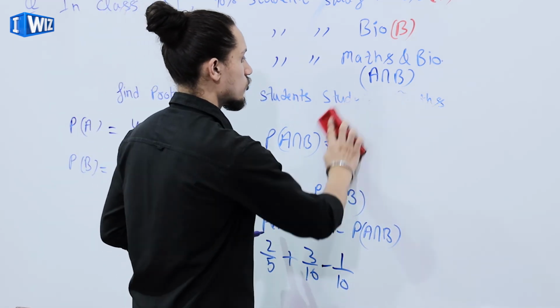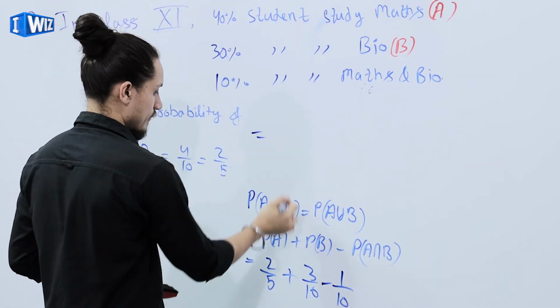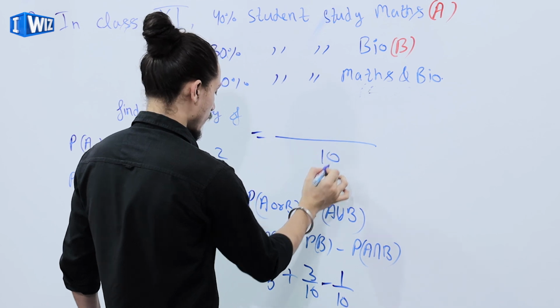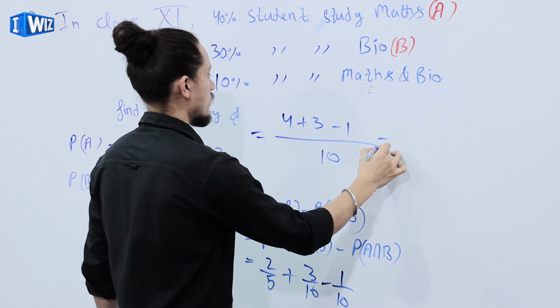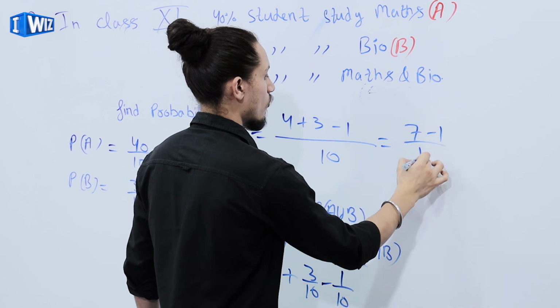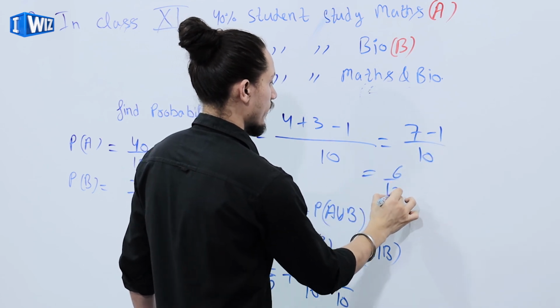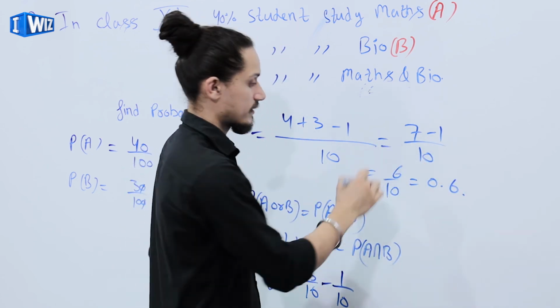So its solution will be, taking LCM, आ गया 10 upon, this is equal to 4 plus 3 minus 1, which is equal to 7 minus 1 upon 10, which is equal to 6 upon 10, which is equal to 0.6, and hence the result.